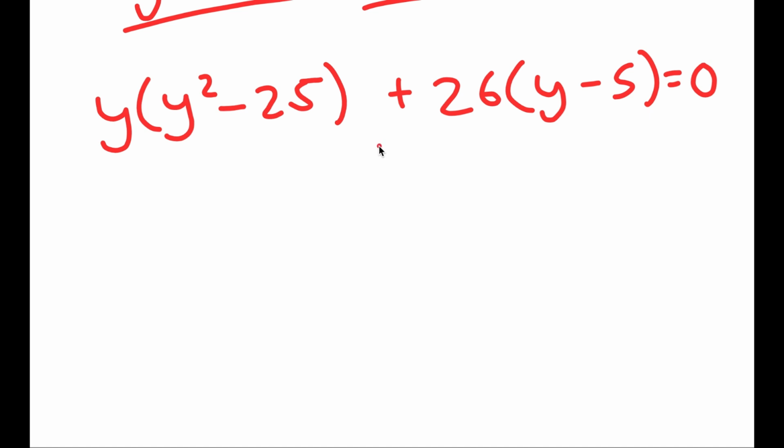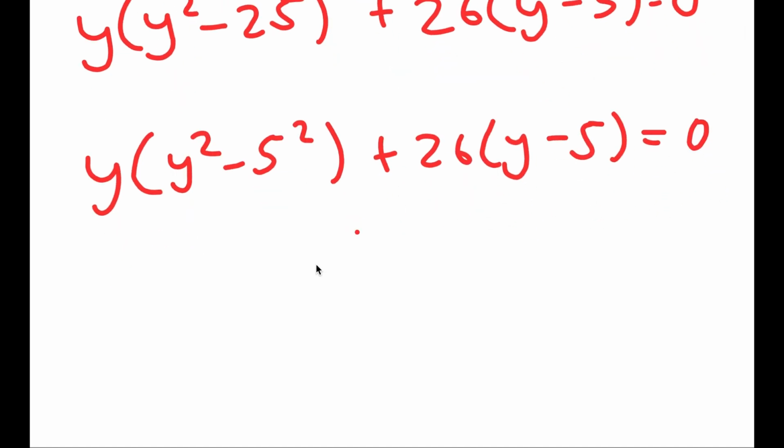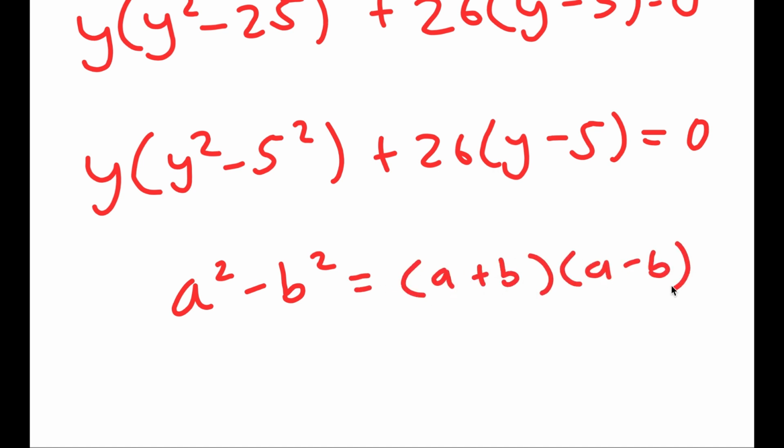Now, y squared minus 25 is the same thing as y squared minus 5 squared. And if I have something in the form a squared minus b squared, this is equal to a plus b times a minus b.